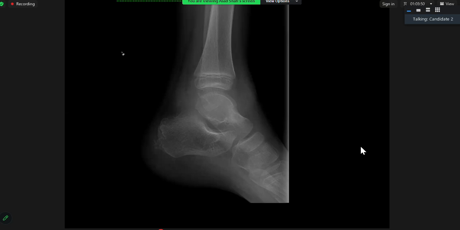I can appreciate a diffuse area of haziness involving the anterior and posterior aspects of the ankle joint, and into the soft tissues surrounding the ankle joint. Also, the bone density is reduced, especially involving the calcaneum.